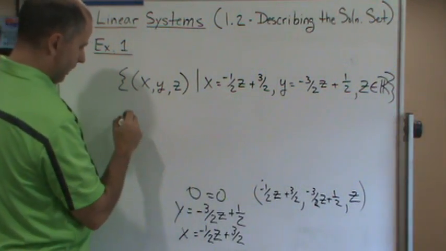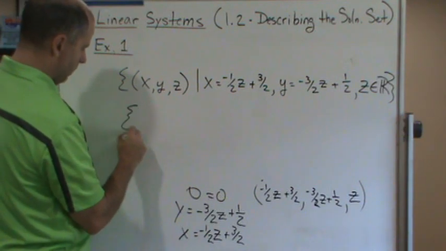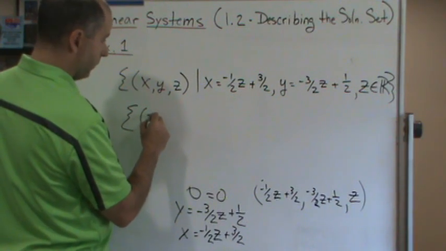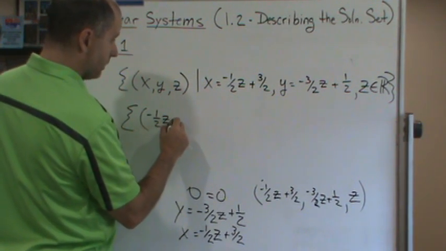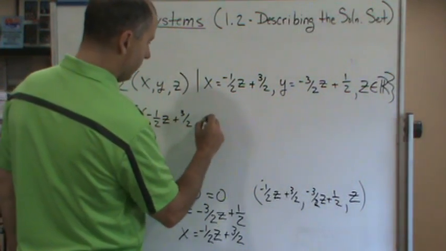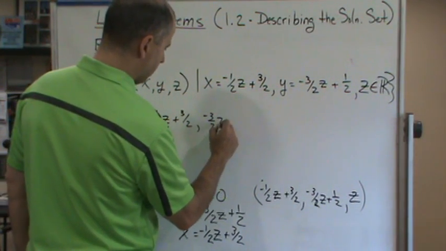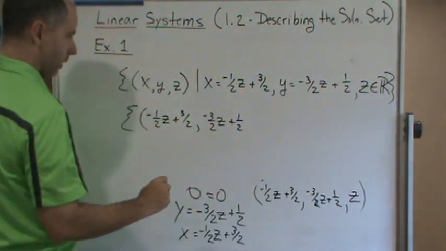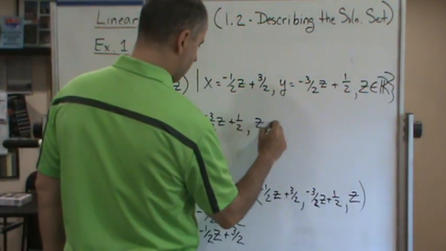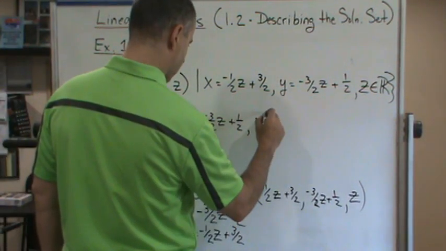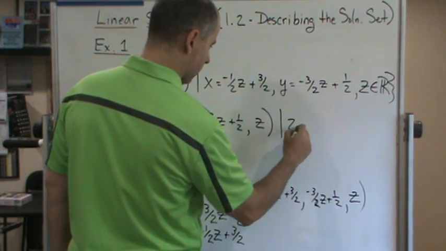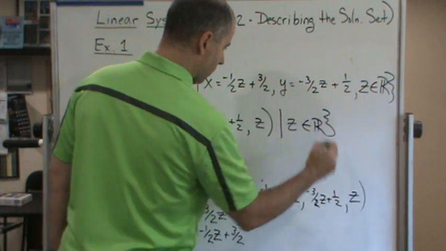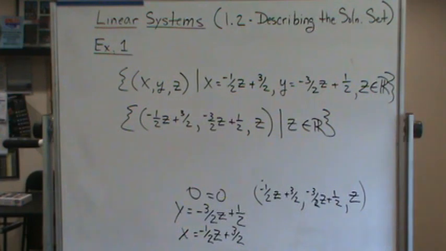I could just use the triples. So I could say the set of negative 1/2 z plus 3/2, comma, negative 3/2 z plus 1/2, comma, z, such that z is a real number. All right, so that's another way we could do it.